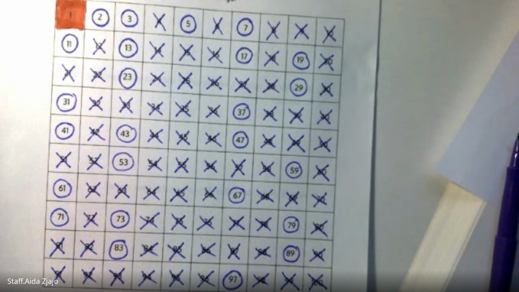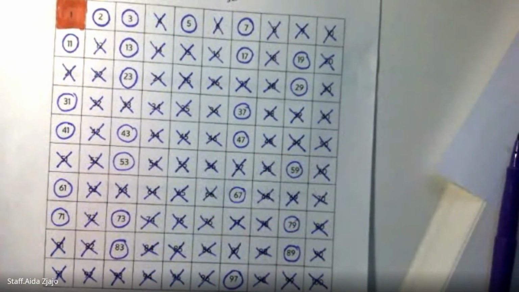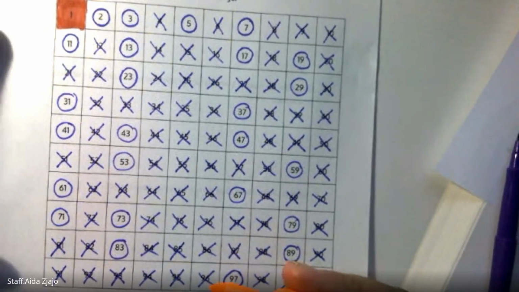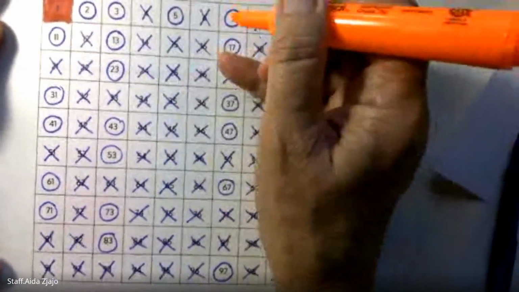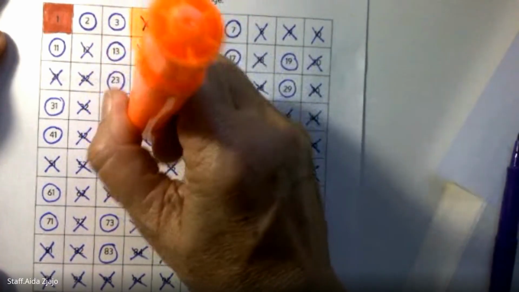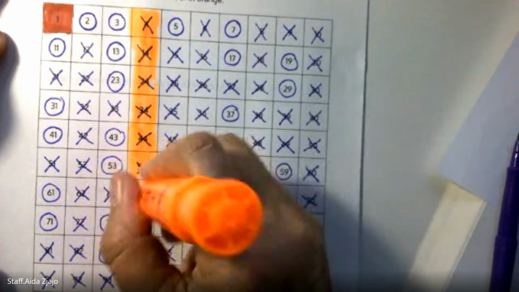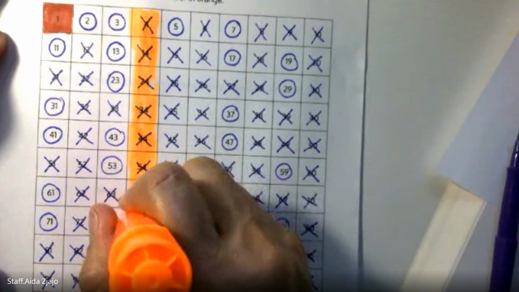They say that we should shade every crossed out number in orange. I'm going to just use a highlighter, so then only the white will be prime numbers.